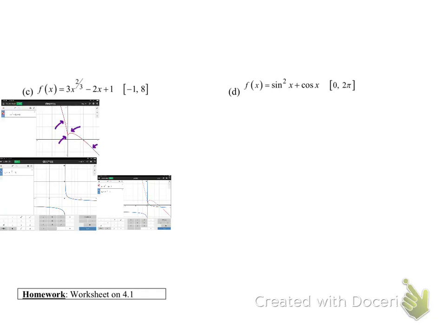So here you see that at this cusp, you have an asymptote for the first derivative.